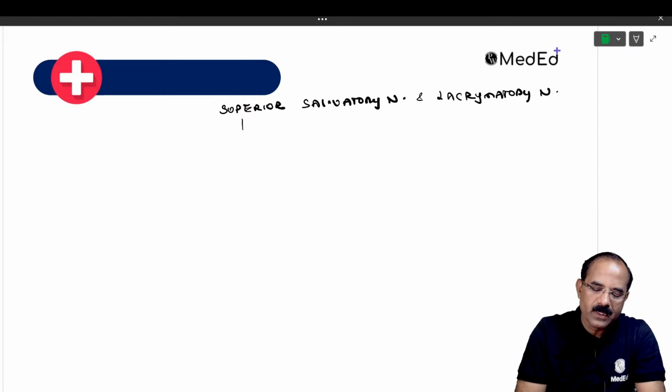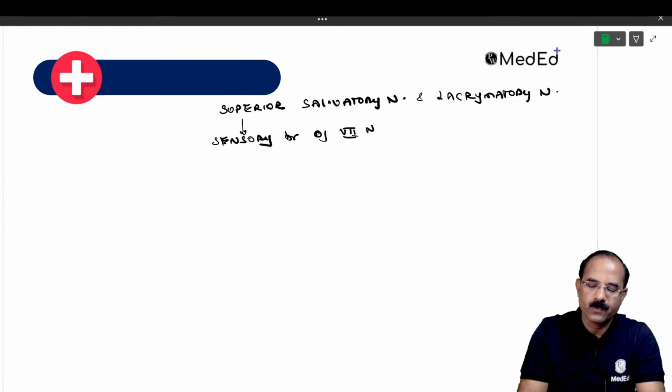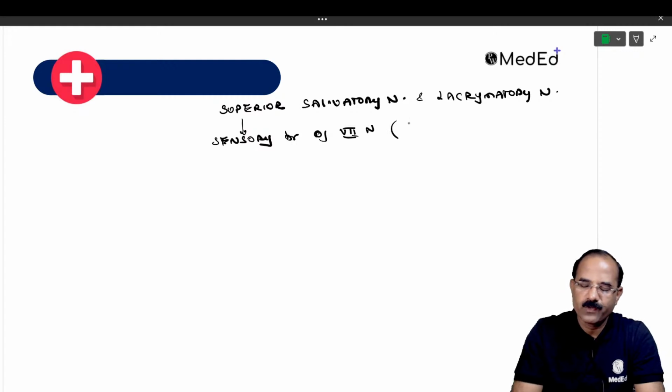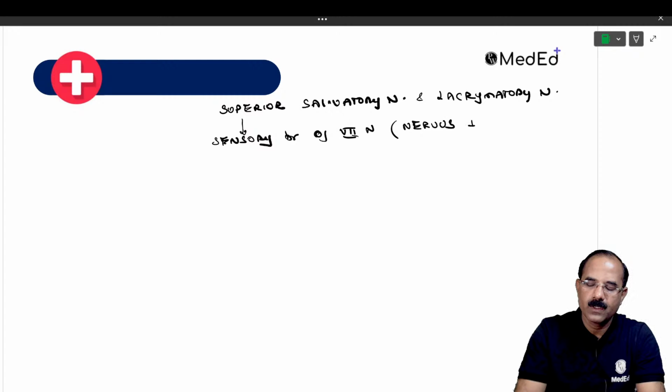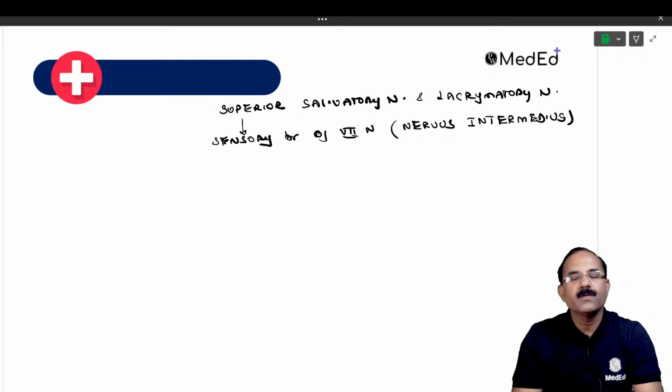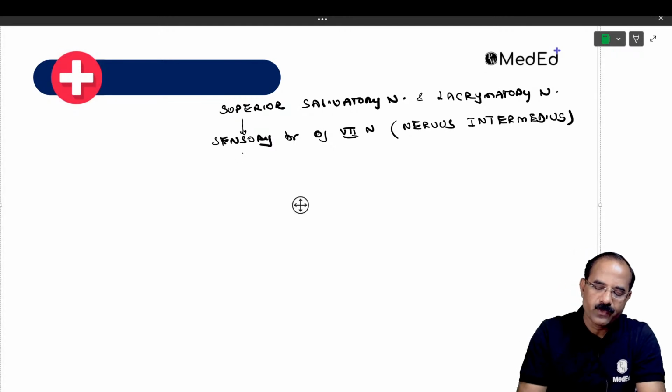From the superior salivatory nucleus we get the sensory branch of the facial nerve. The sensory branch of the facial nerve is known as the nervus intermedius.